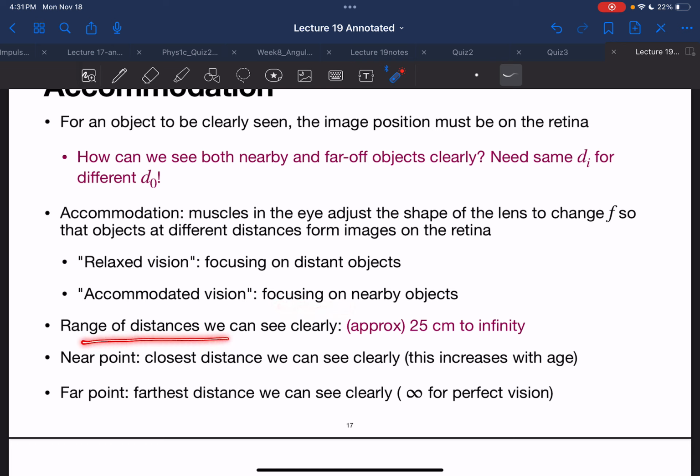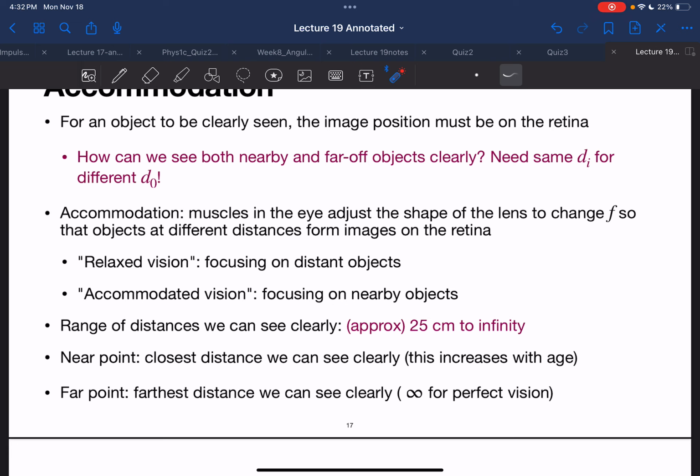The range of distances we can see clearly for somebody with perfect vision is from about 25 centimeters all the way out to infinity. The near point is the closest distance we can see clearly. One way you can try to figure out what your near point is: hold your notes or your screen in front of your face and keep bringing it closer and closer until you can no longer focus on it.